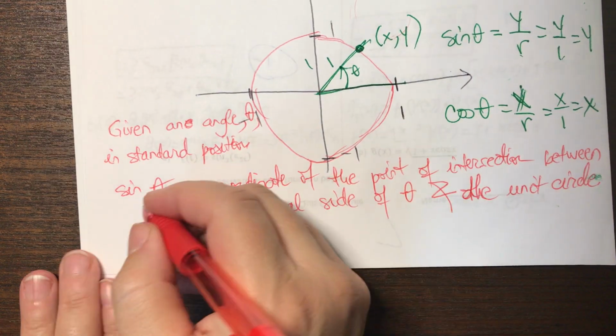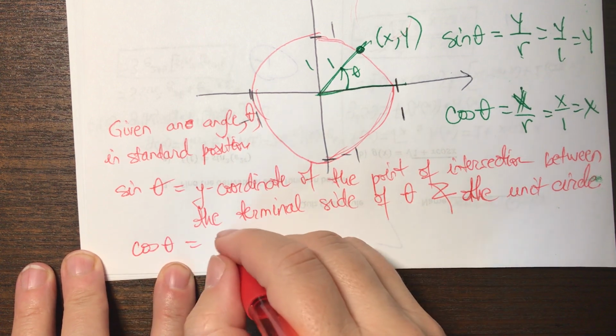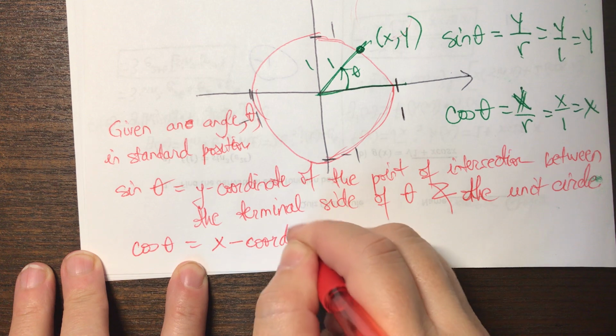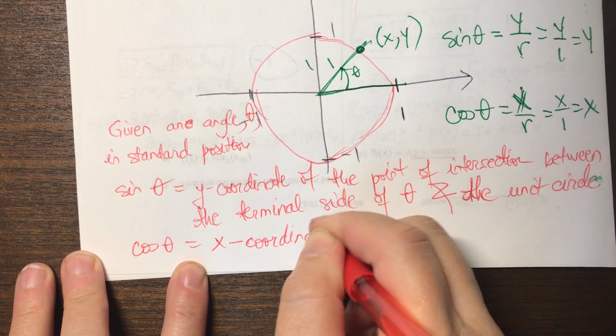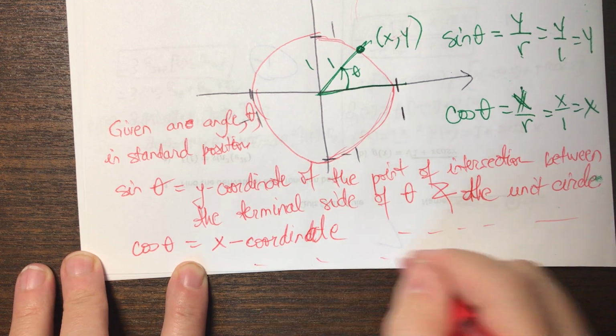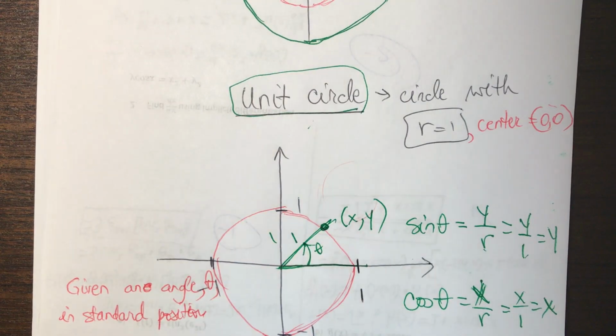And sure enough, the cosine value of this angle theta is going to equal the x coordinate of this point of intersection. That's all we have to do. So that's the most simplified definition.